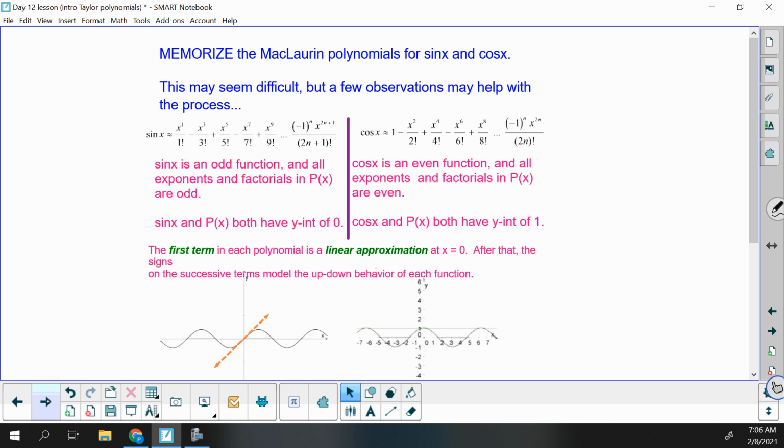Well, sine's y-intercept is 0, so notice we start with a variable. Cos's y-intercept is 1, so notice it starts with 1. The first term of each is its linear approximation. So sine's linear approximation is y equals x, cos's is y equals 1, and that's the first one there. And then the signs just alternate in both cases.